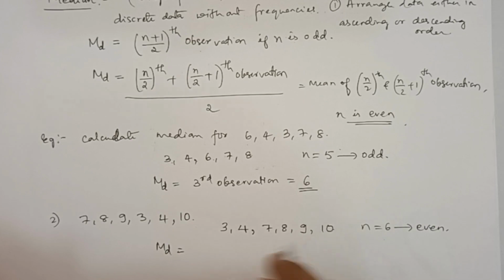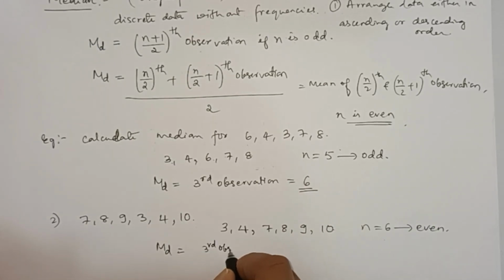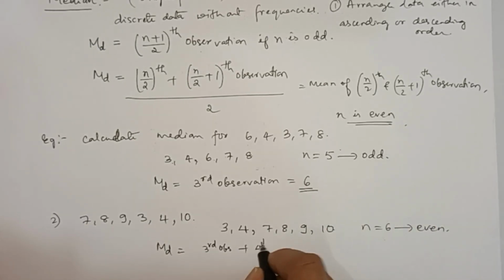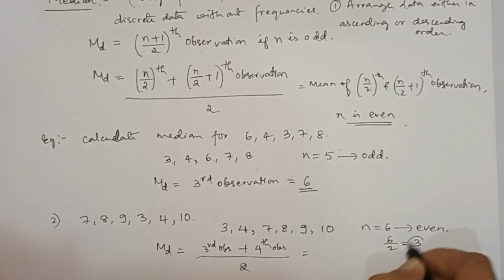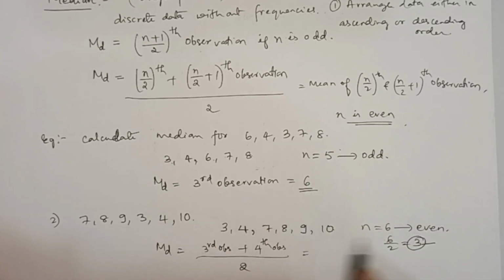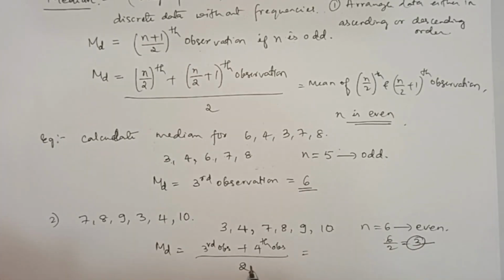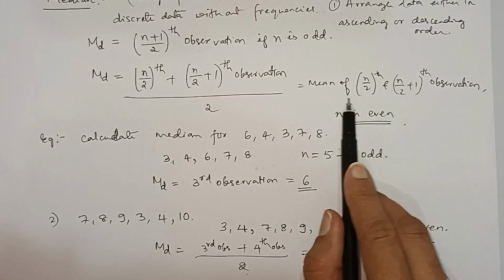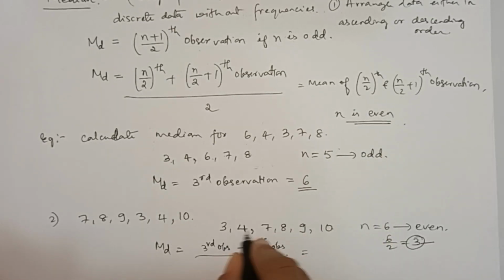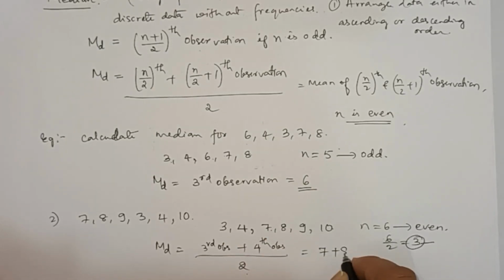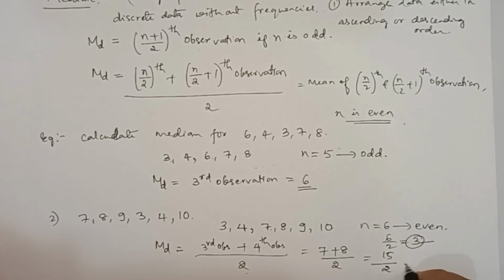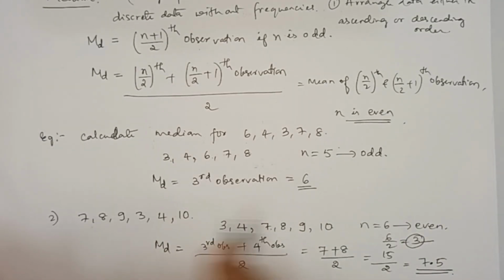N by 2, 6 by 2 gives you 3. So the mean of the third observation and the next observation, the fourth, divided by 2. What are the third and fourth observations in the arranged data? It is 7 plus 8 divided by 2, which is equal to 15 by 2. So 7.5. The median for the given data is 7.5.